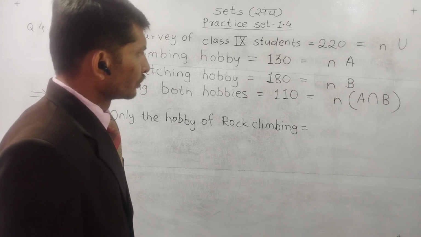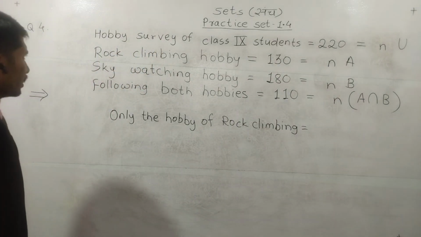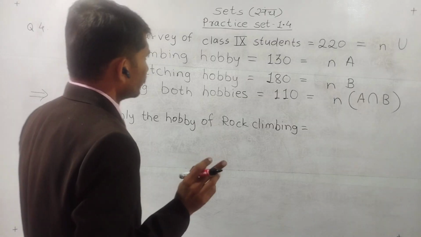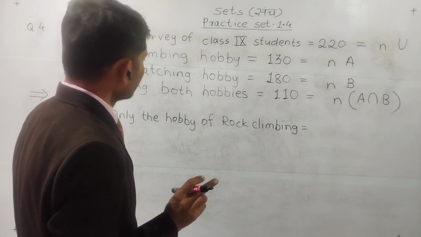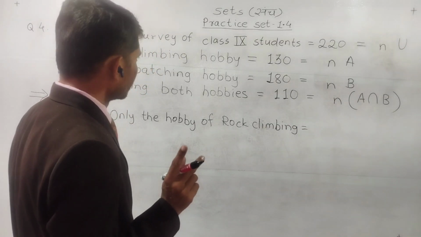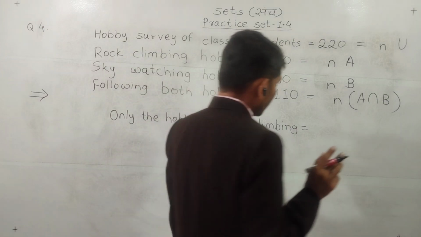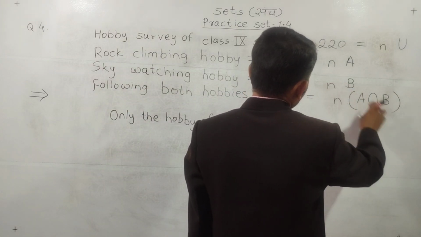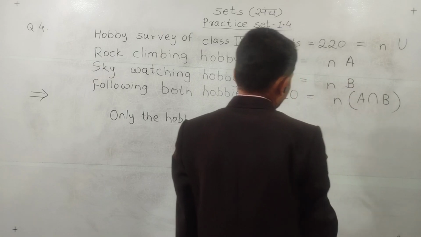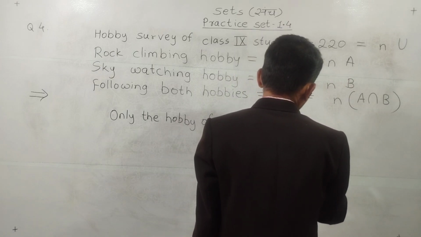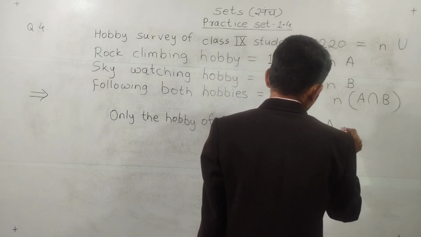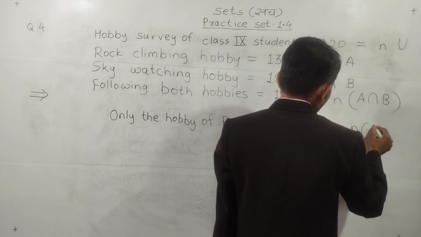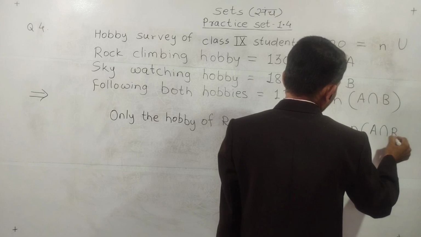Okay, we just have to count only one or single hobby, that is rock climbing hobby. Those students who have only one or single hobby, that is rock climbing hobby. So we have to subtract A intersection B from set A. So we will write here the number of elements in set A minus the number of elements in set A intersection set B.